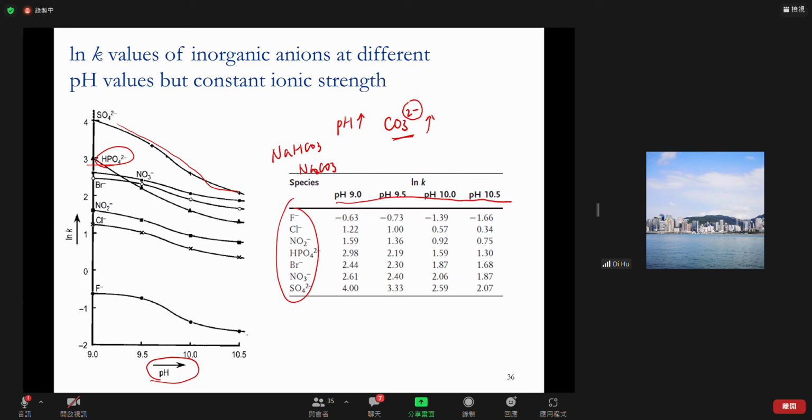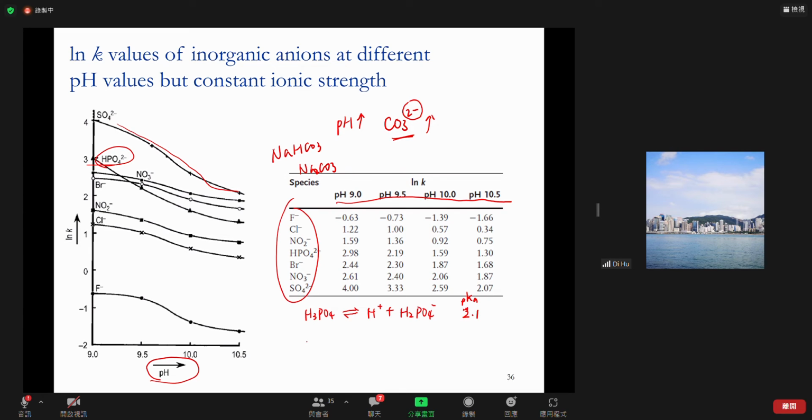Just for your information, for multivalent ions you really have to pay attention to the pH, because for phosphoric acid, H3PO4, the first dissociation, pKa1, is 2.1. So it's quite acidic.